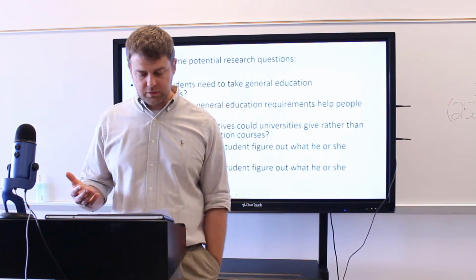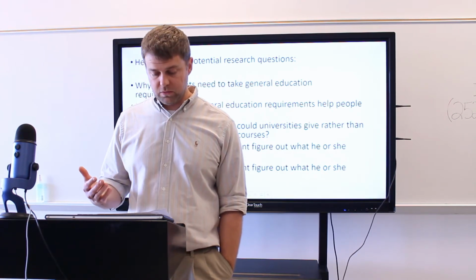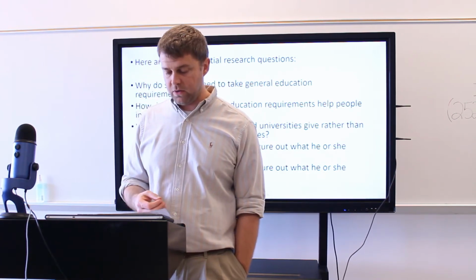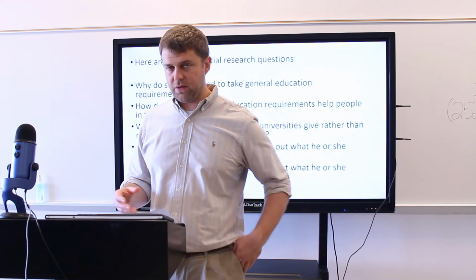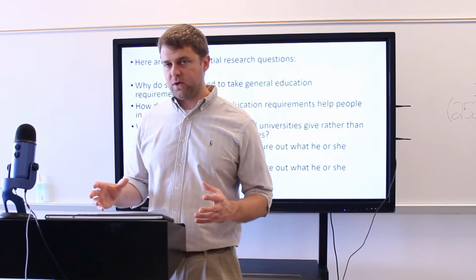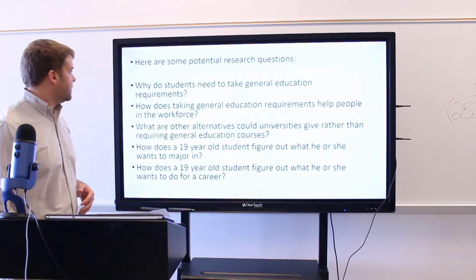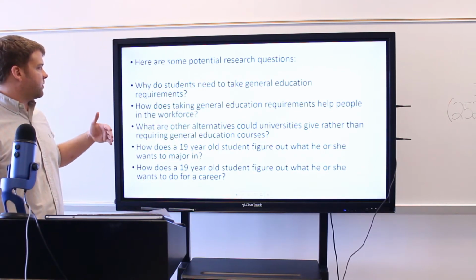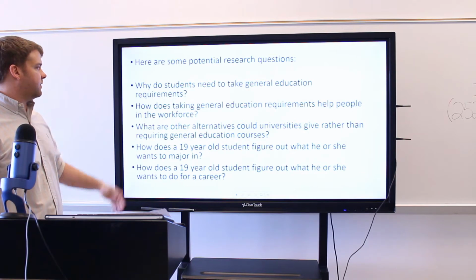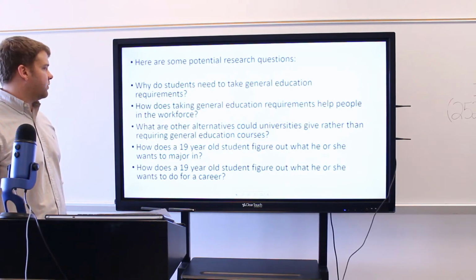You can use words like what, when, where, who, how, why, would, should, could. Just start off your questions with those, and it'll help you form them. Kind of like, why do students need to take general education requirements? How does taking general education requirements help people in the workforce?